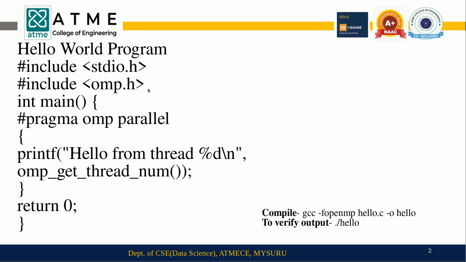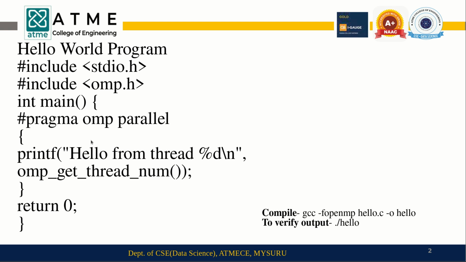Then we start the int main function, and there is one compiler directive that you need to include in order to do any parallel tasking, which is #pragma. This is a compiler directive that supports parallel processing. Here you can see #pragma omp parallel, where the portion of code written within the curly bracket will be executed in parallel.